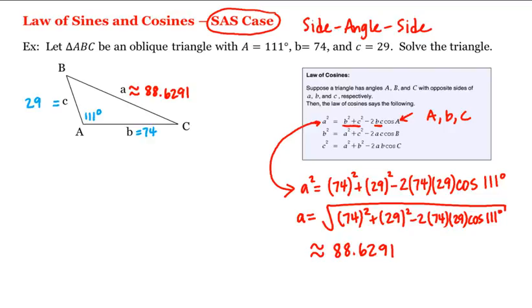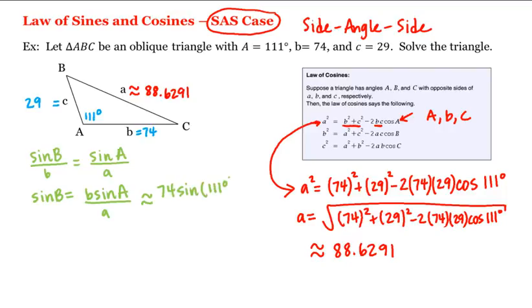Now we need to find capital B and capital C, both of which are acute, right? Because there can be at most one obtuse angle in a triangle. So let's start by solving for angle B, which we can do by using the law of sines. We have that sine of B divided by B is equal to sine of A divided by A. Or sine of B is equal to B times sine of A divided by A, which is approximately 74 times sine of 111 degrees divided by 88.6291.